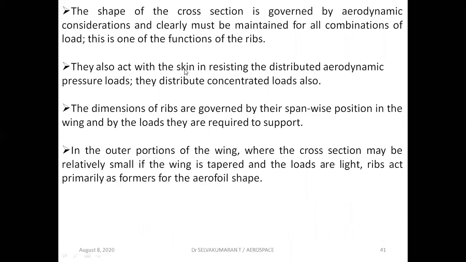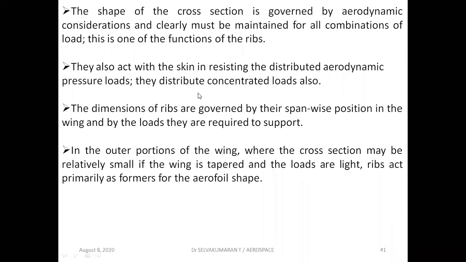The shape of the cross section is governed by the aerodynamic considerations and clearly must be maintained for all combinations of load. This is one of the most important functions of the ribs. They also act with the skin in resisting the distributed aerodynamic pressure loads, and they redistribute the concentrated loads to the neighboring structural members.